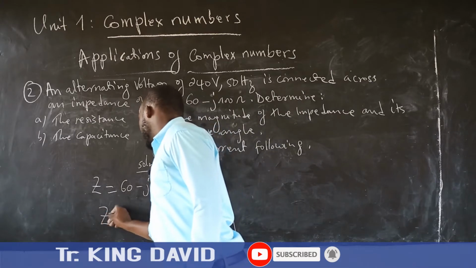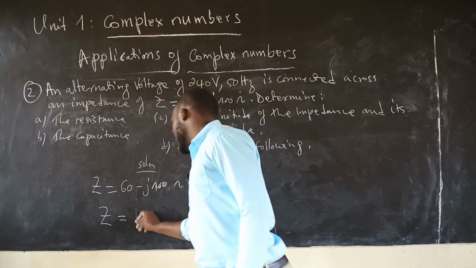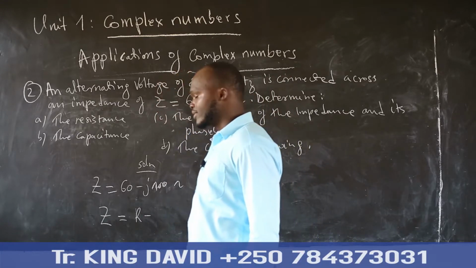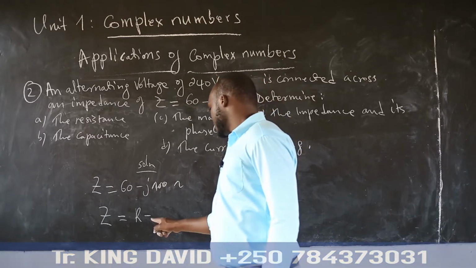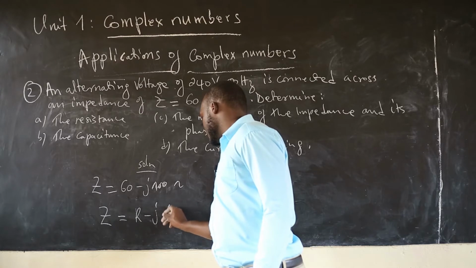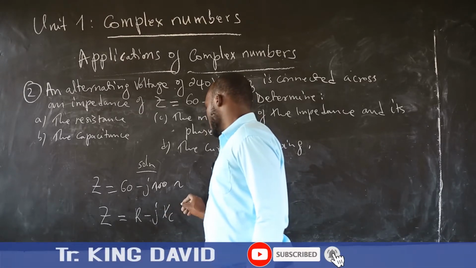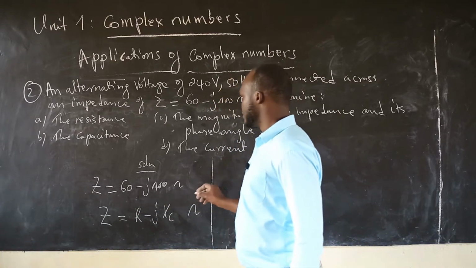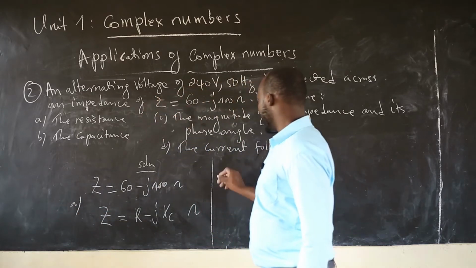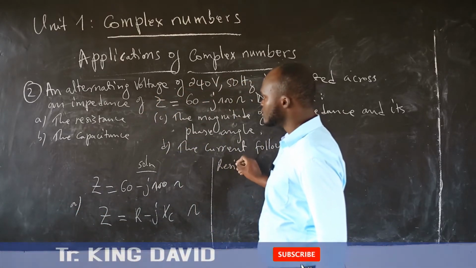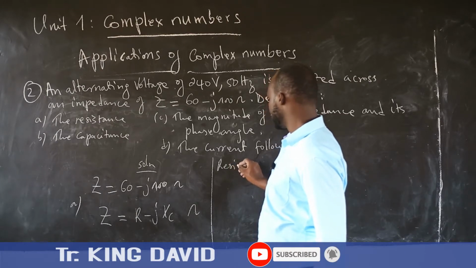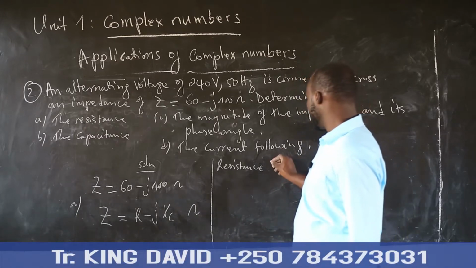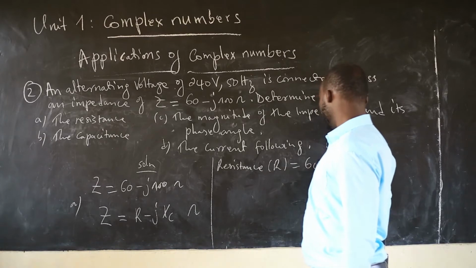Remember, when we have negative here, the formula is R minus jXC, where R is the resistance and XC is the capacitive reactance, in ohms. So our R, which is the resistance, this is A, will be equal to 60 ohm.